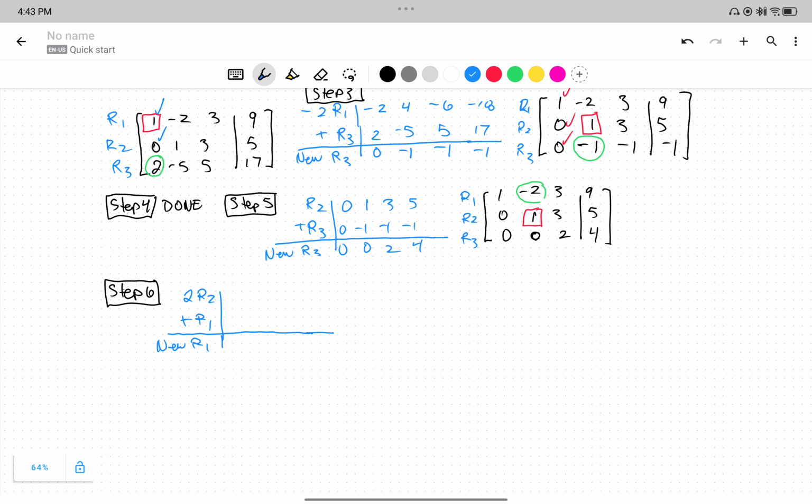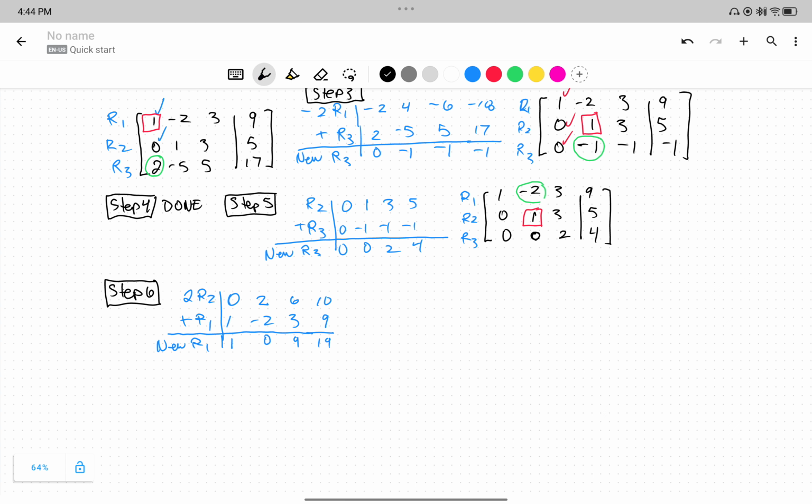All right, so if you multiply, 2 times 0 is 0, 2 times 1 is 2, 2 times 3 is 6, 2 times 5 is 10. Row 1, copy it over: 1, negative 2, 3, and 9. If you add them, this gives you a 1, 0, 9, and 19.